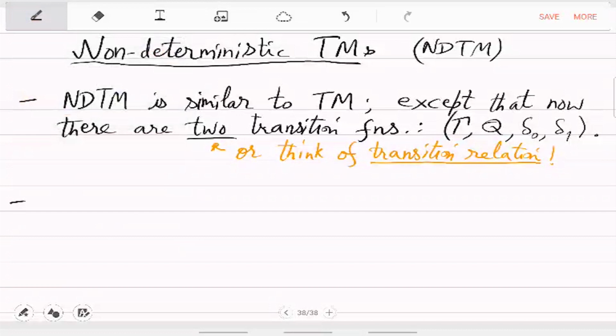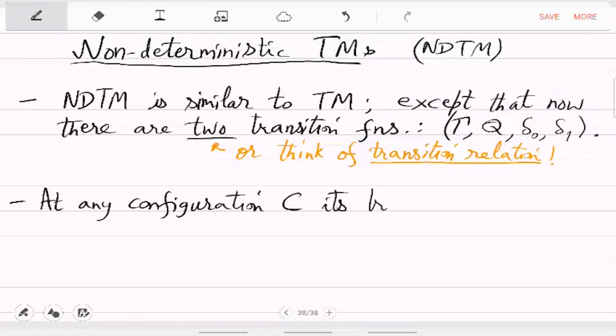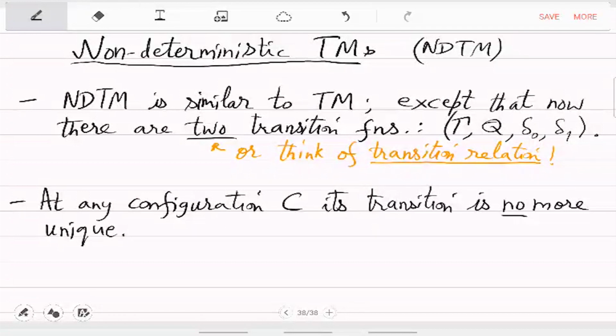So at any configuration C, its transition is no more unique. So it has two allowed moves.